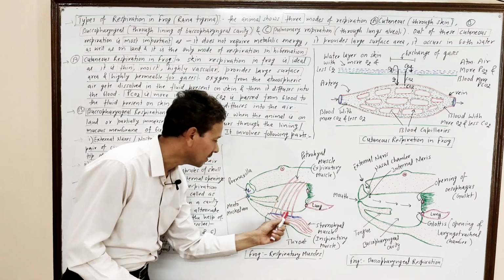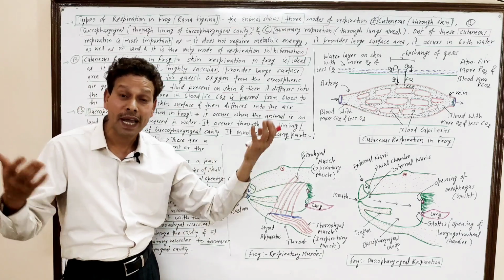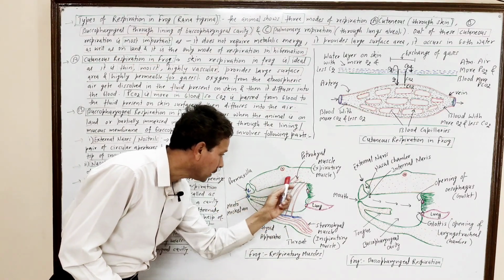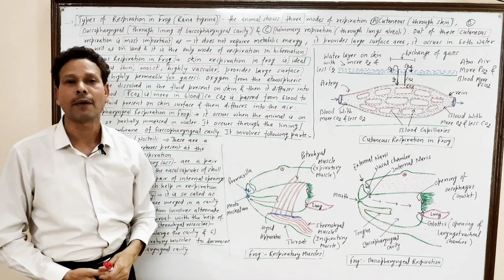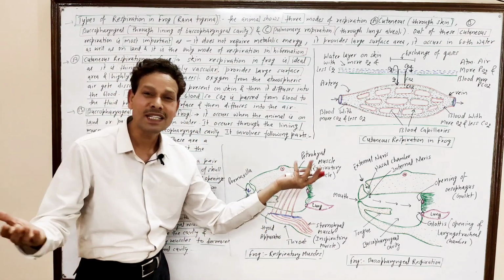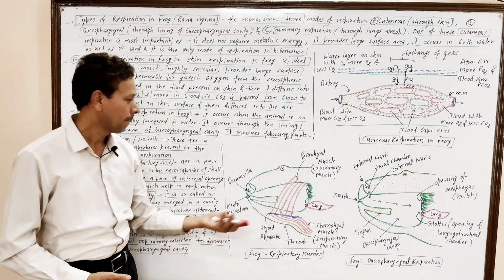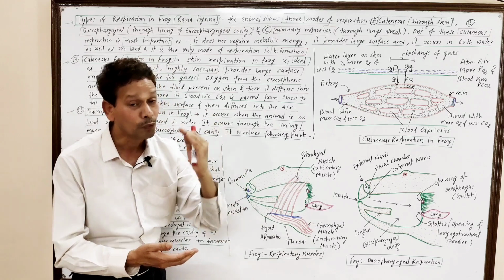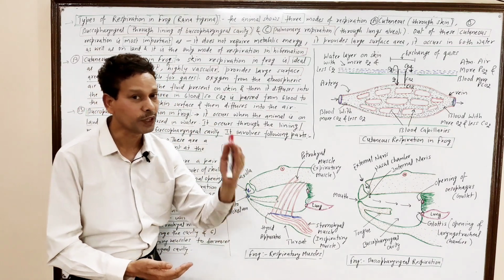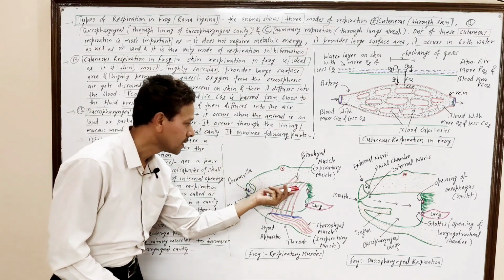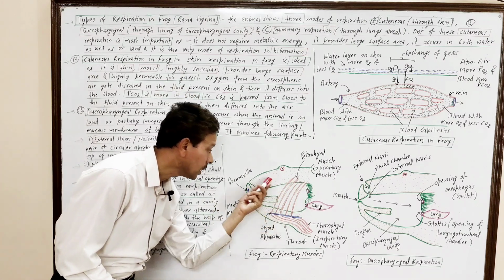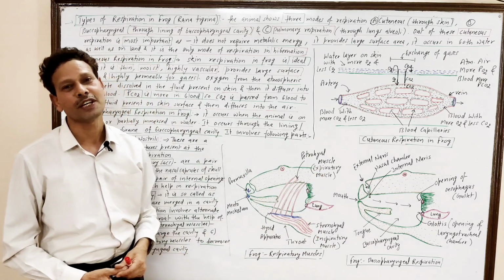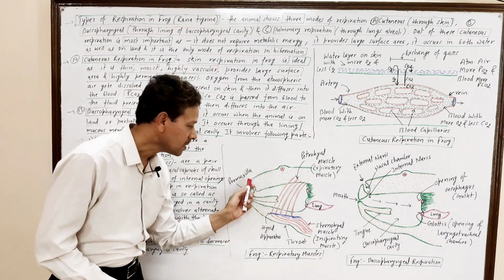Its lining, the epithelium of this buccopharyngeal cavity, is suitable for gaseous exchange. Dear students, it is thin, it is moist, and it is highly vascular and rich with blood supply.